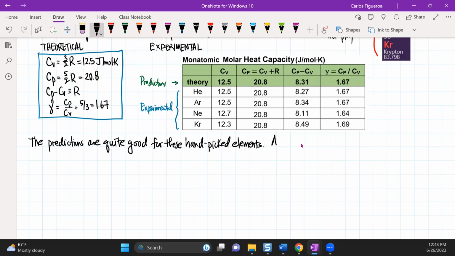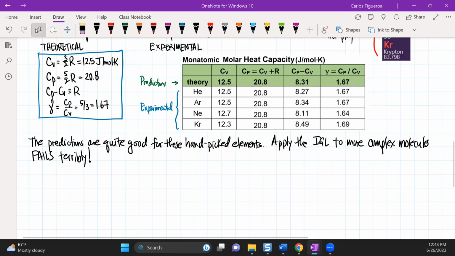Now, applying the ideal gas law to more complex molecules failed terribly. And that should not be a surprise. Why is that not a surprise?